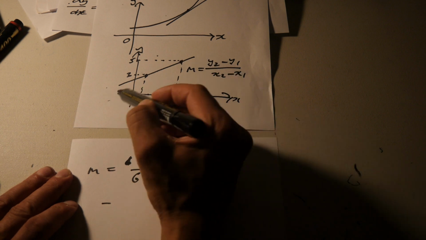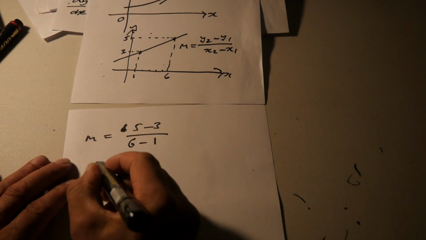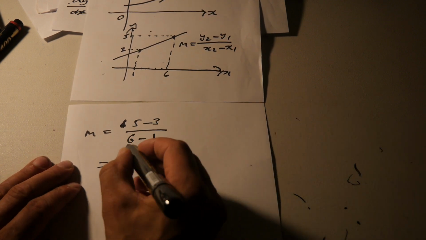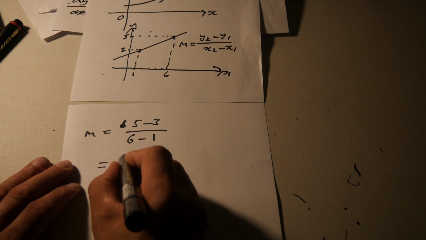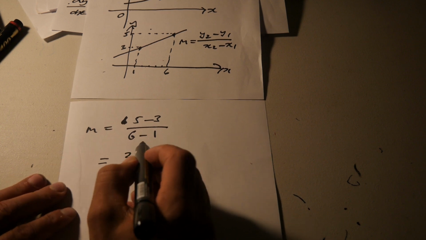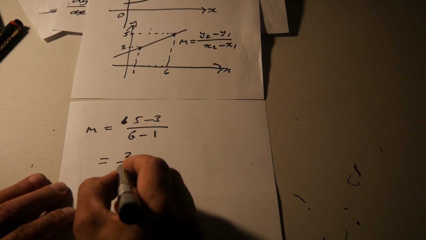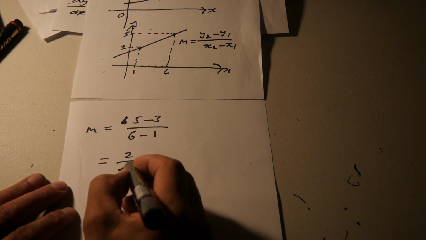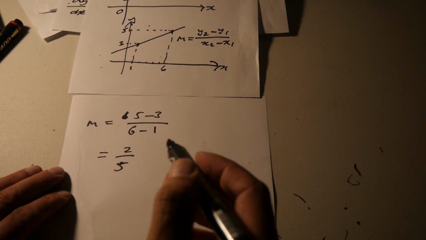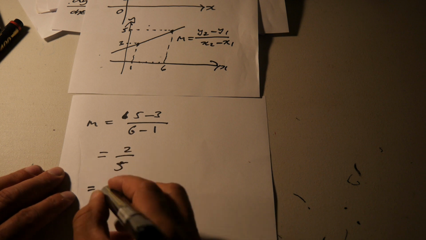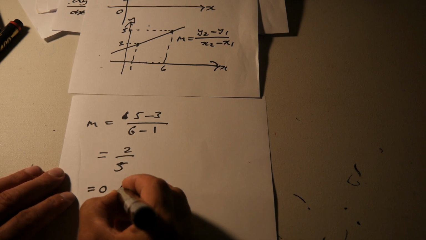This is positive, okay? So 5 minus 3 is 2, and 6 minus 1 is 5, okay? It's actually not a nice clean number, but that's because I picked bad numbers. But this value is 2/5, okay, which is equal to 0.4, okay?